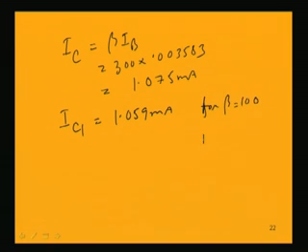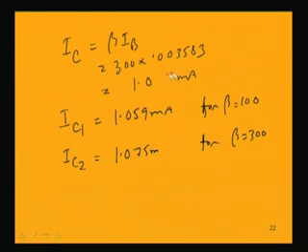Now, when beta is 300, that is, it is increased 3 times, the corresponding IC value we get is 1.075. The first case IC was 1.059, and now we have got 1.075 milliampere.